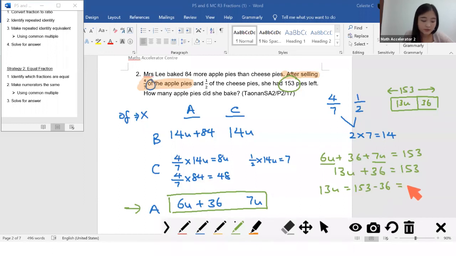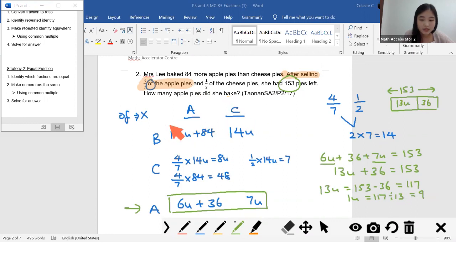What do you get? 117. If 13 units is 117, find 1 unit. Okay, divide by 13. So 1 unit is 9. Okay, good. So how many apple pies did she bake?